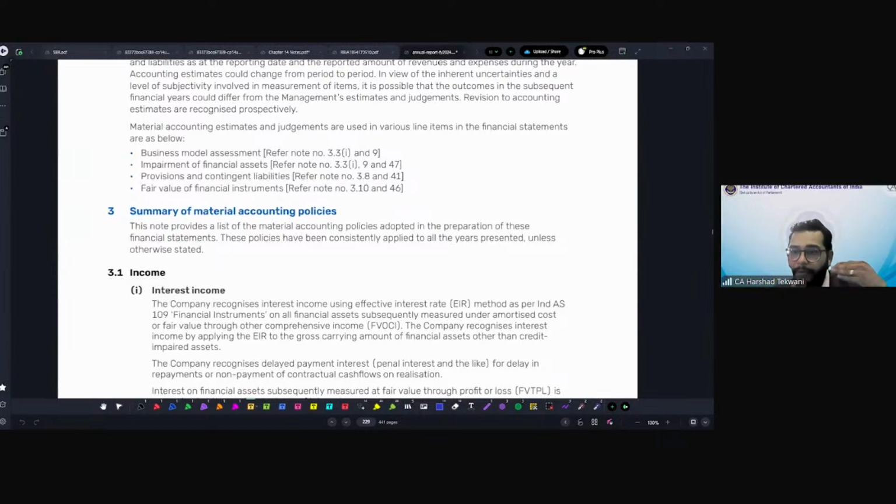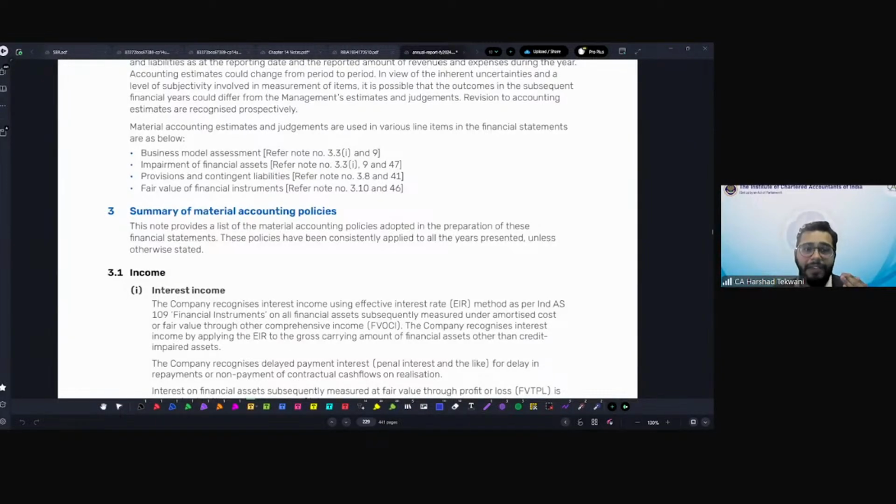You perform the testing of control, test of control. You gather audit evidence. You calculate materiality, and then you finally go for collection of audit evidence through test of details. And after that comes the reporting part.